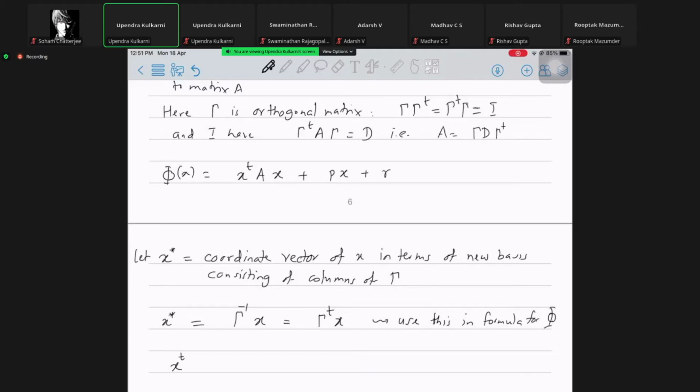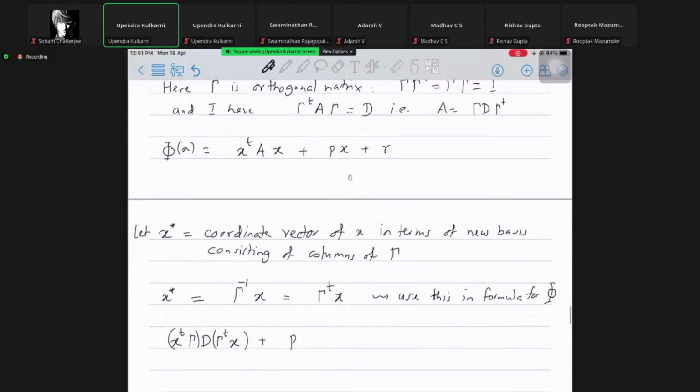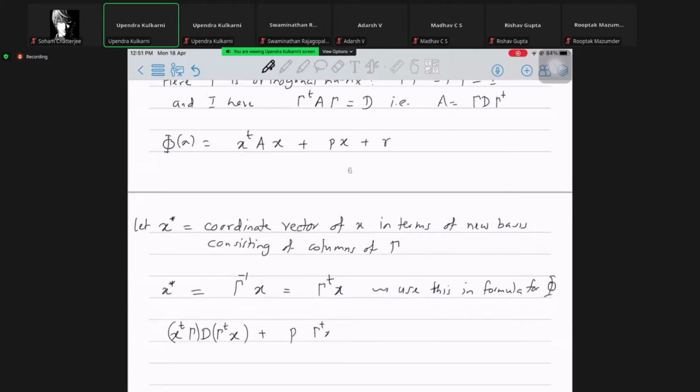So X transpose, and let's substitute. Okay, so help me over here. A is gamma D gamma transpose, and of course, I'm going to group it like this, plus P times X. You see this gamma, I want to get everything in terms of gamma transpose X. So here I also want to have gamma transpose X times gamma plus phi.